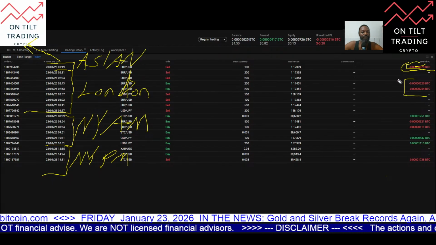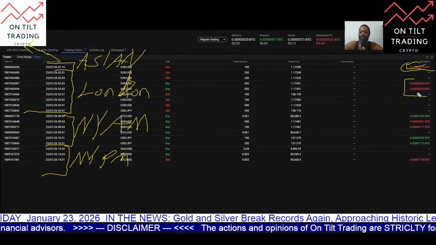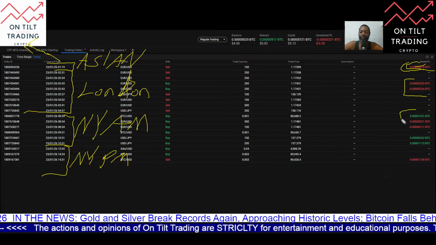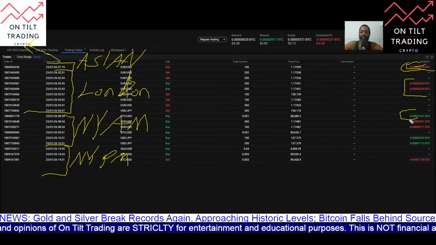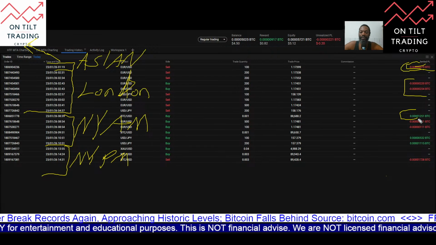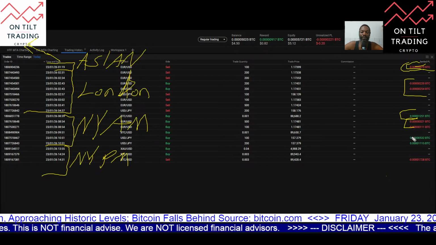London traded Euro USD, there's a loss there. In New York, I also traded USD JPY, which wound up being a winner here. That wound up taking profit in London, and then another Euro USD loss here.